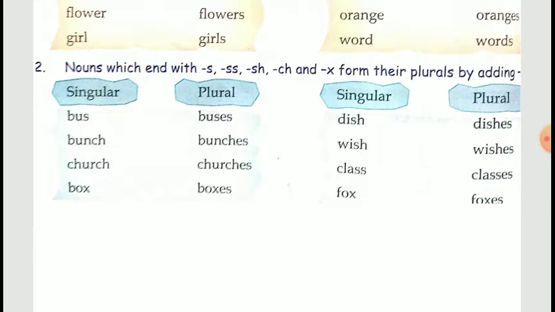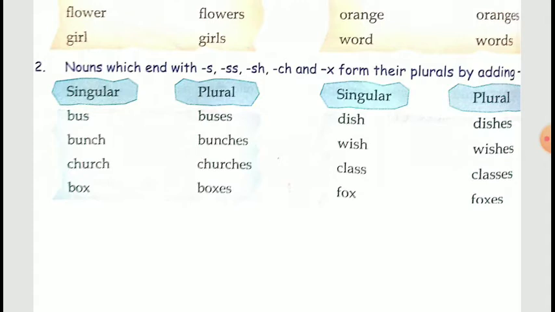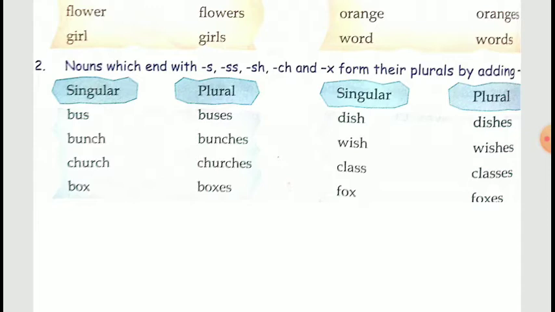Church, churches. The word box has got x at its end, so you just have to remember that you just have to add es to make it plural. Box becomes boxes. The word dish has got sh at its end, so you just have to add es to make it plural. So dish becomes dishes. Wish, again I have to add es at its end to make it plural. So wish becomes wishes.